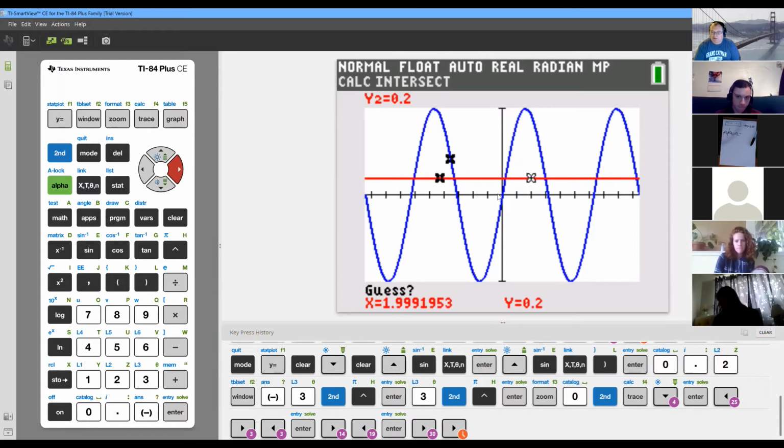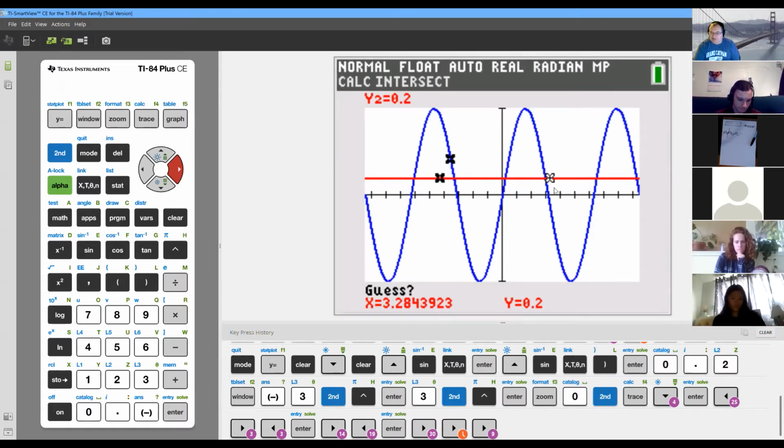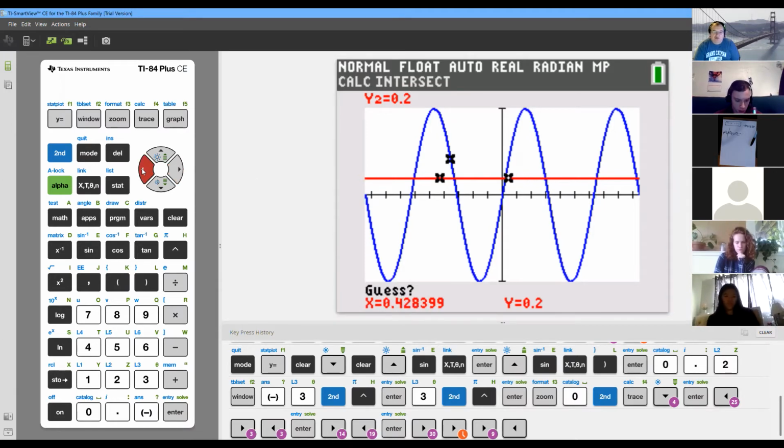If I went a little bit closer, say, here, do you see it would get me that solution? The one I've decided I want is the one over here. So just pick something relatively close and then hit enter. And the answer that you get in this particular case is negative 3.3430 to 4 decimal places. That makes sense?